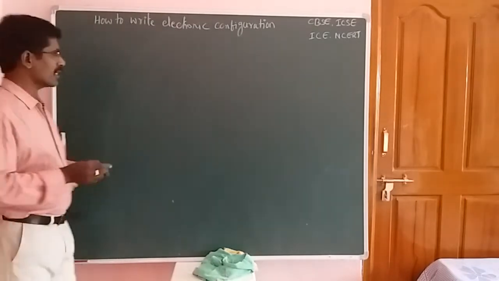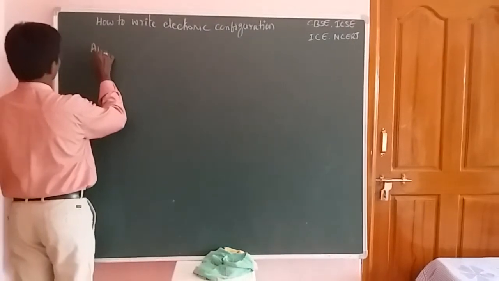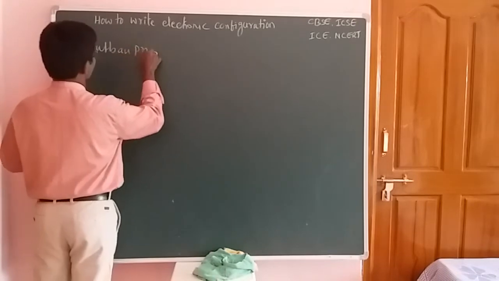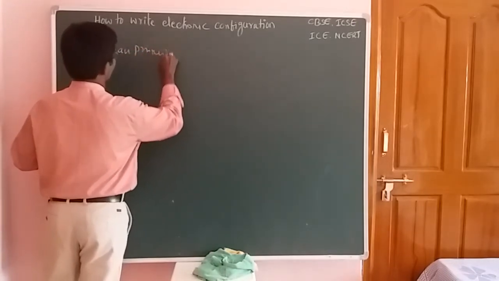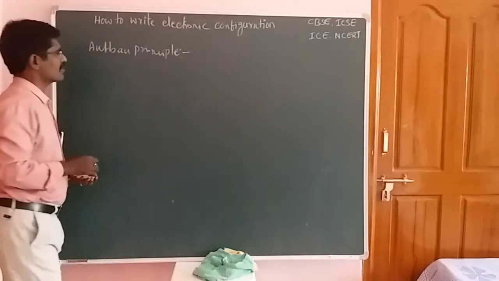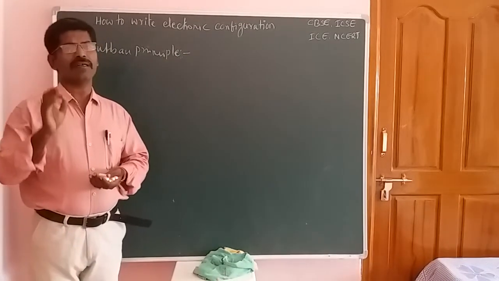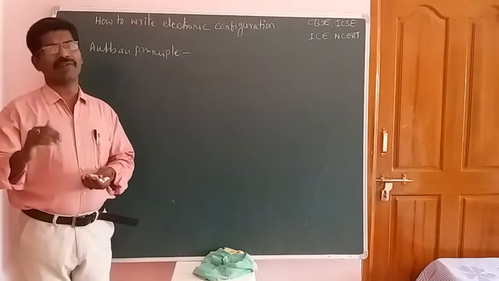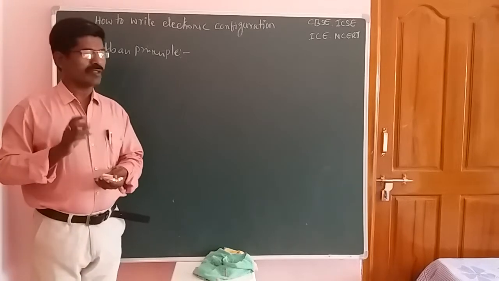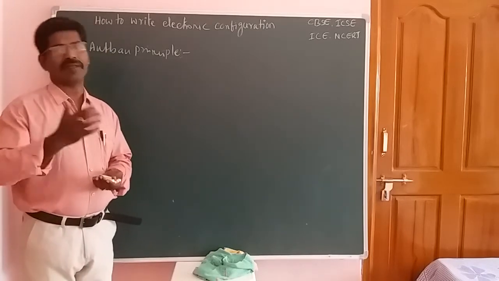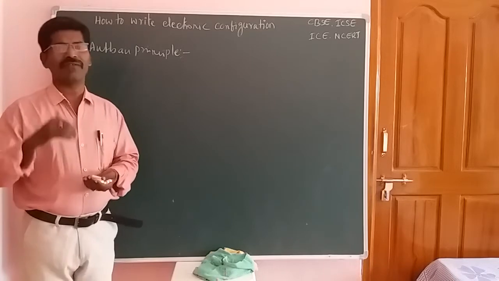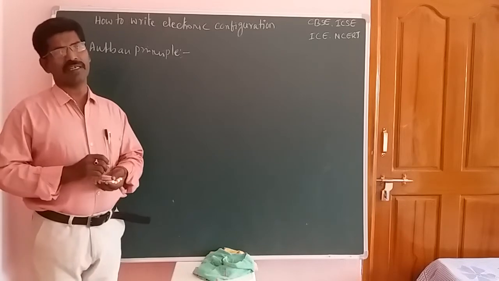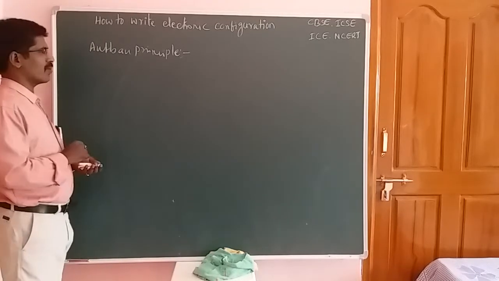According to the Aufbau principle, electrons are building up in orbitals from lower energy levels to higher energy levels. So electrons are filling in various orbitals from lower energy orbitals to higher energy orbitals. That is the concept of the Aufbau principle.